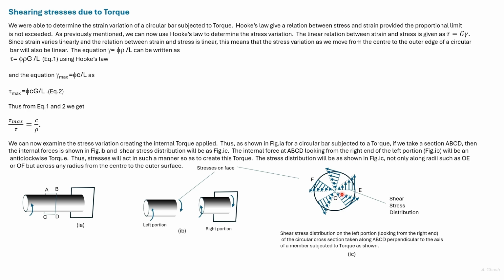It varies from 0 to a maximum value on the surface. It does not only act on these 5 radii, but it will act on every radii of this circle. So it does not only act on OE or OF, but every radius of the circle.